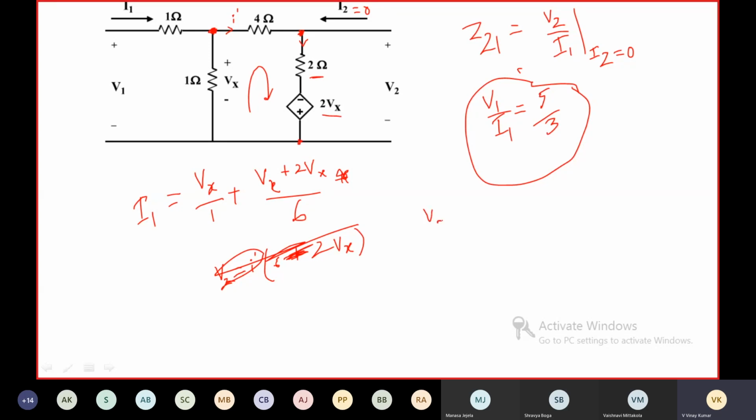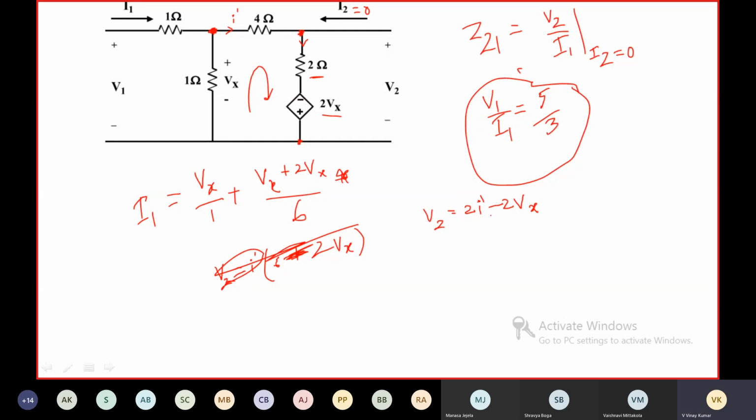Sorry, V2 is equal to 2 I dash minus 2Vx.